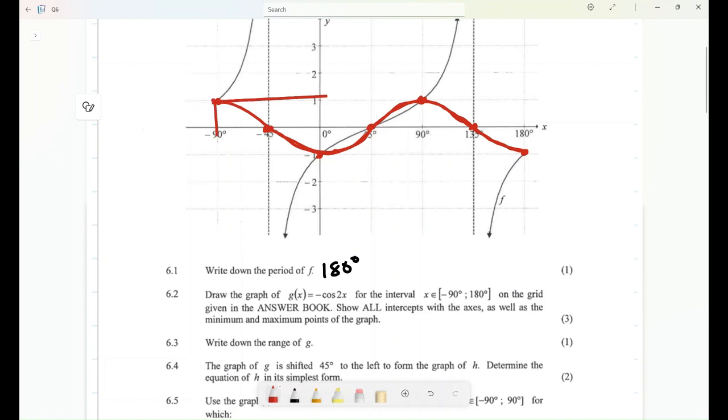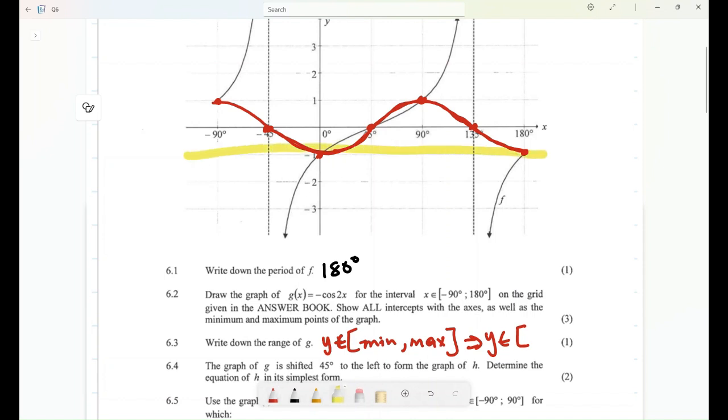Can you see? Yes. Now, write down the range of g. Remember, range is y, included minimum to maximum. Always, not sometimes. So you'll just say y is an element of what? Check our minimum value on our graph.